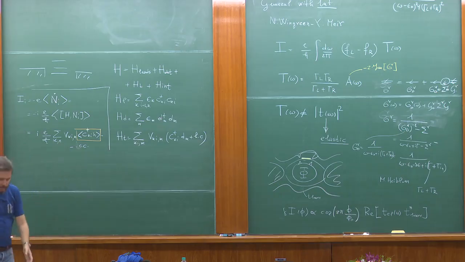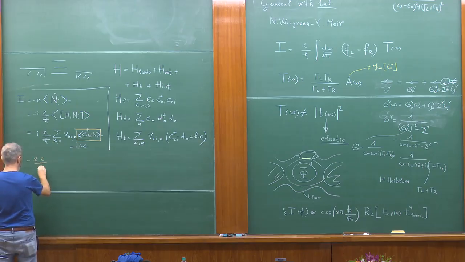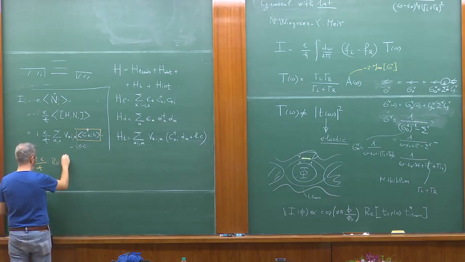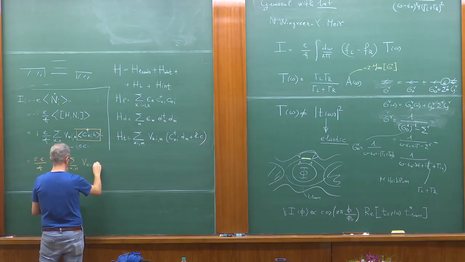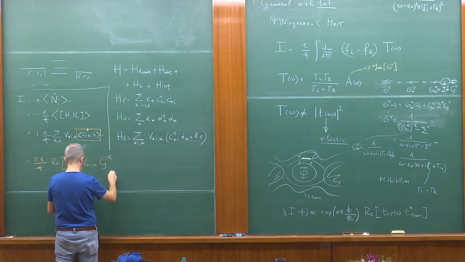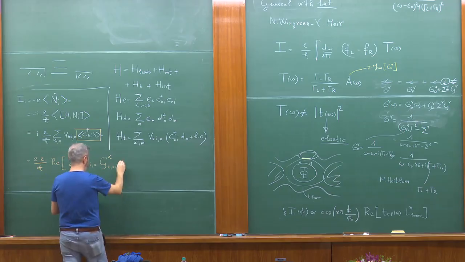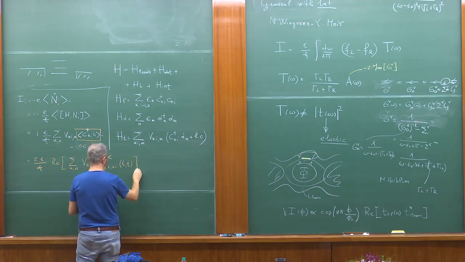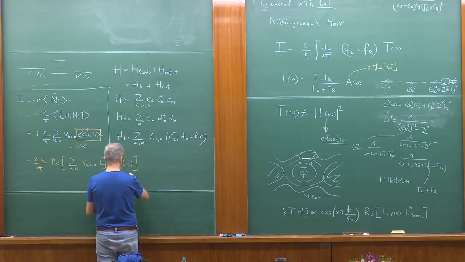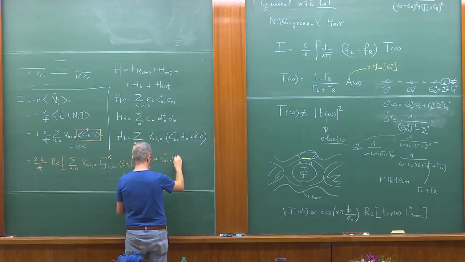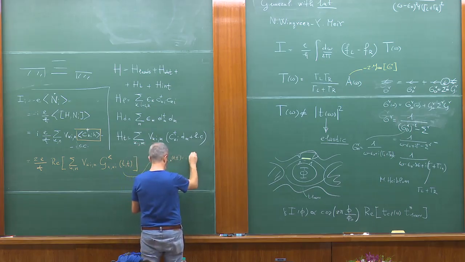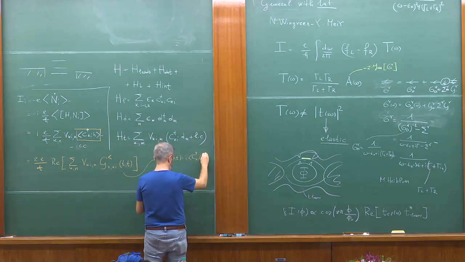This is equal to 2e over h bar times the real part of the sum over k and n of V ki n G lesser n ki (t, t'), where this Green function is G lesser (t, t') equal to i times the average of c dagger ki (t') d n (t). Okay?